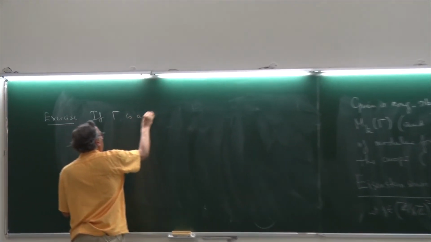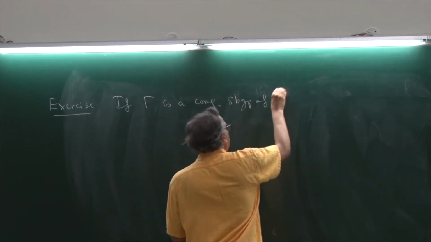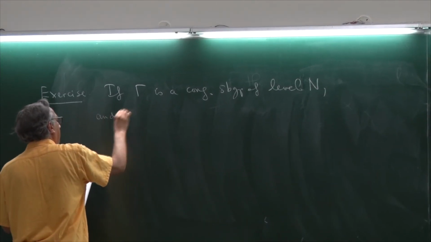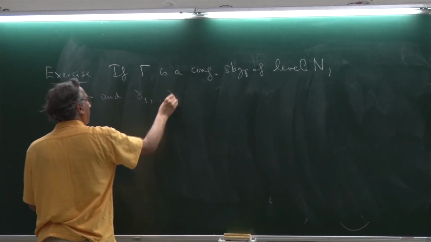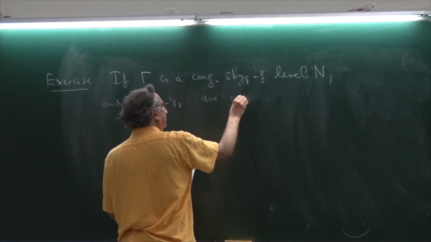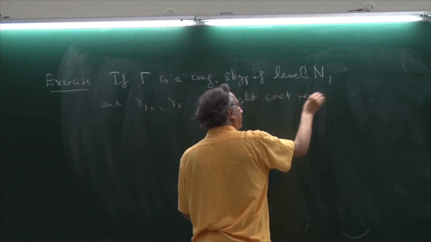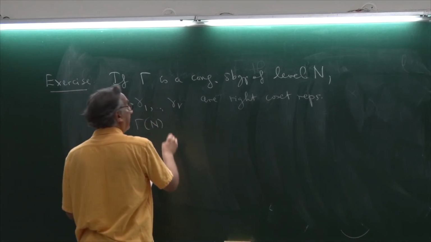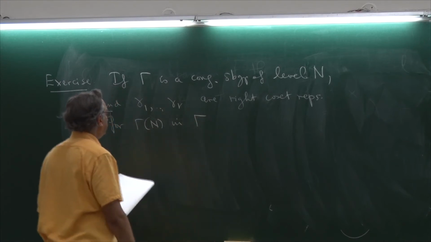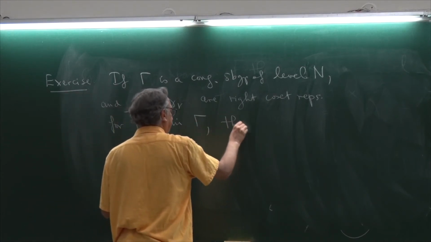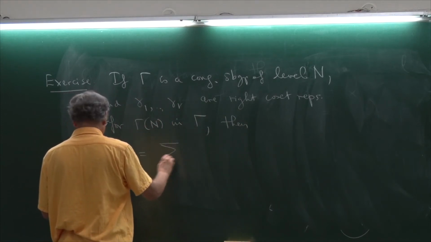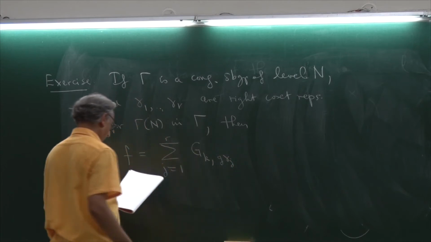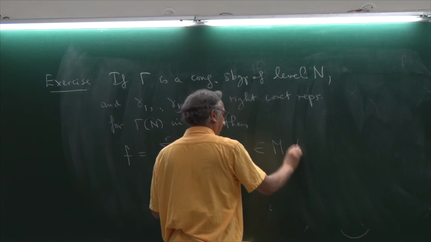If gamma is a congruence subgroup of level n, and gamma 1 to gamma r are coset representatives for gamma of n in gamma, then F equals the sum over j equals 1 to r of G sub k, G gamma j, is a modular form of weight k in gamma.